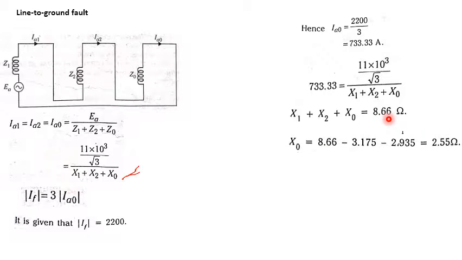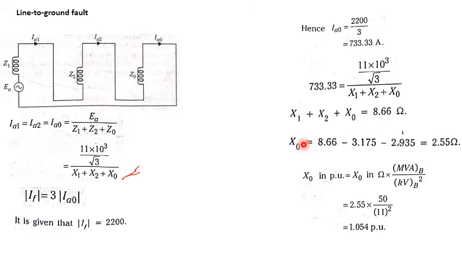We already know the values of x1 and x2 from the three phase fault and the line to line fault. From that we can calculate the x0 value. Convert these values into per unit, so we will get 1.054 per unit.